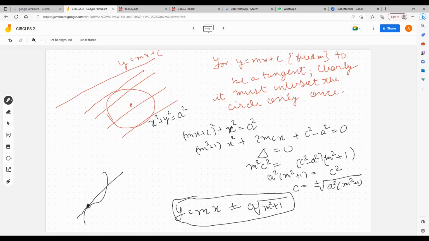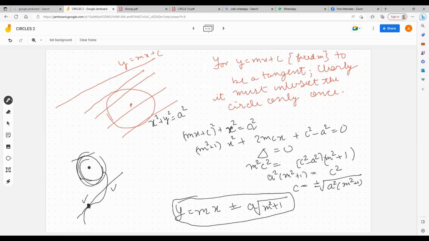See, at this point, it is a tangent. But it is not intersecting the curve at only one point. We can easily see that it is intersecting the curve here also and here also. So if we say that a tangent is a line that intersects the curve at only one point, then it is not always true. But for a circle, it is not possible that a straight line is tangent to this curve and again intersects it.